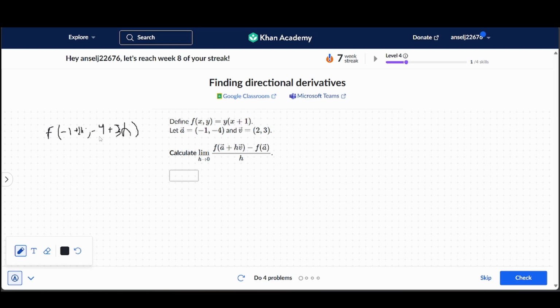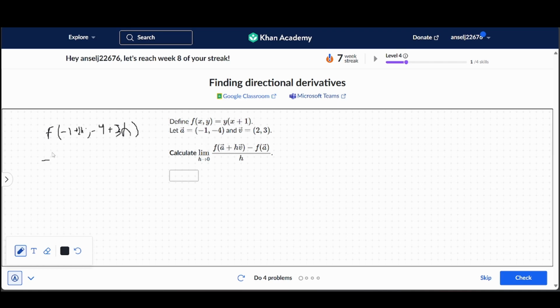So now what we do is we just put it in there. You feel? Okay. So it's just -4 plus 3h plus x, which is that, plus 1, which means this thing, times 2h.